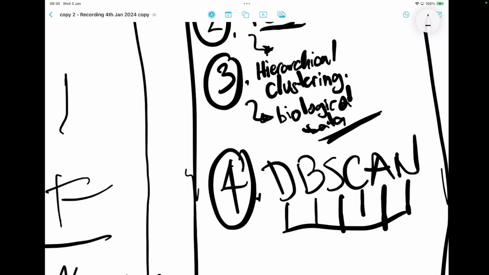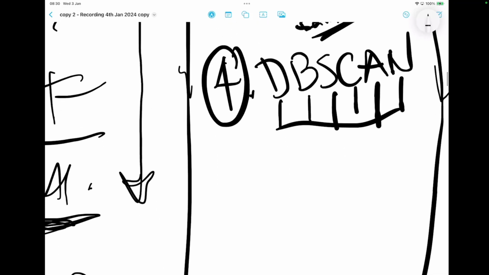So that's a mouthful. What does it do? It clusters points based on their density distribution. That's the whole purpose of this algorithm. What's the application of this algorithm? It's used for identifying fraudulent transactions in cybersecurity and for spatial data analysis.